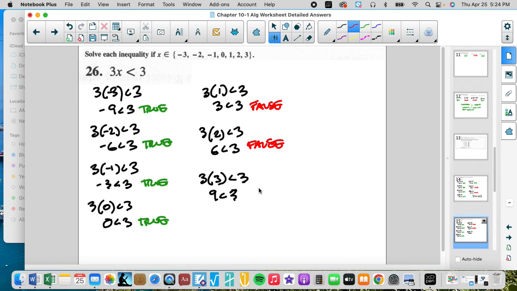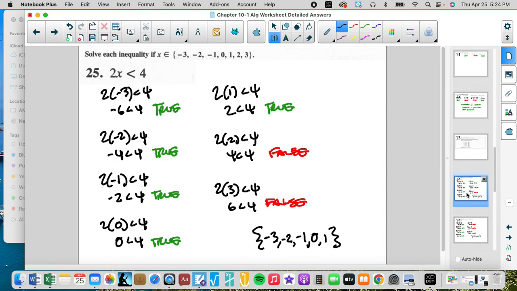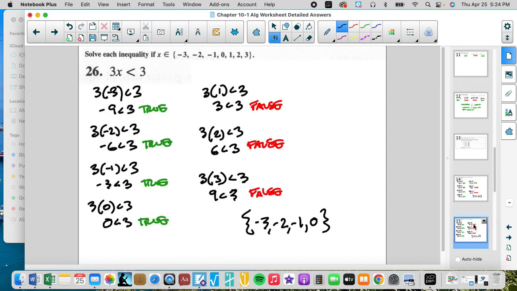That is going to be false. So the solution set is going to be -3, -2, -1, 0. Let's make sure we did that. Yeah, we did okay. That is correct.